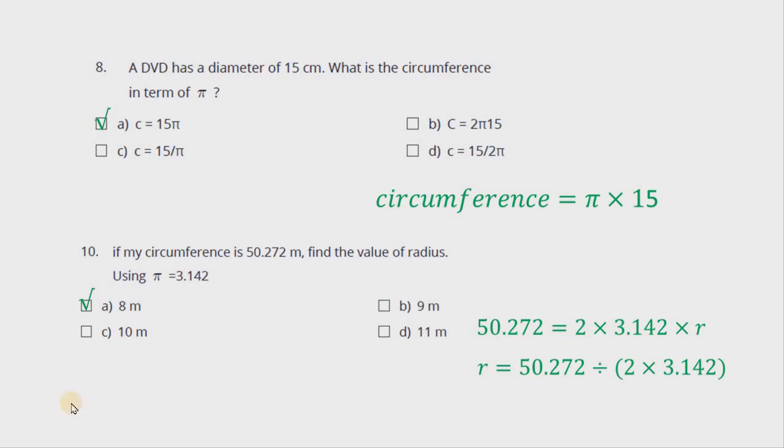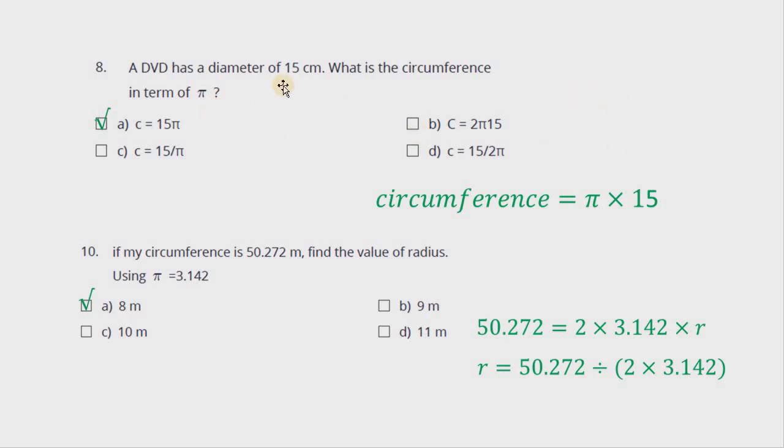Now we go to questions number 8 and 10. Question number 8 is a little bit different, because the question asks you to give the circumference in terms of pi. That means in this question, you must consider pi as an algebra term.